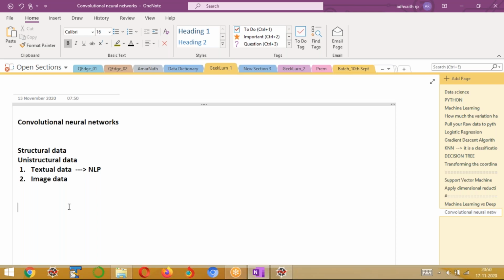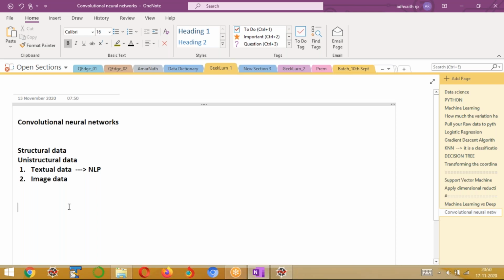Let's say examples for this kind of situation: nowadays we are getting such apps on our mobiles. Your phone app will try to predict whether the person is a male or female. Hope you might be seeing this kind of app in your existing phones.